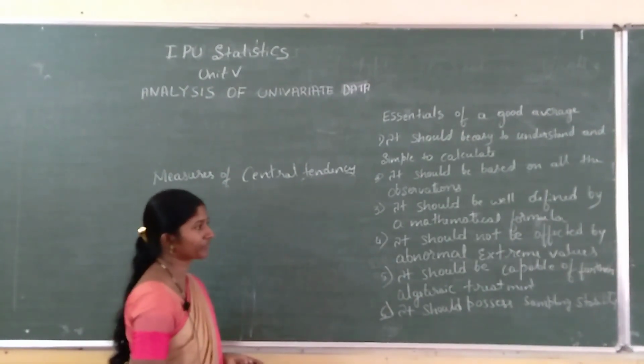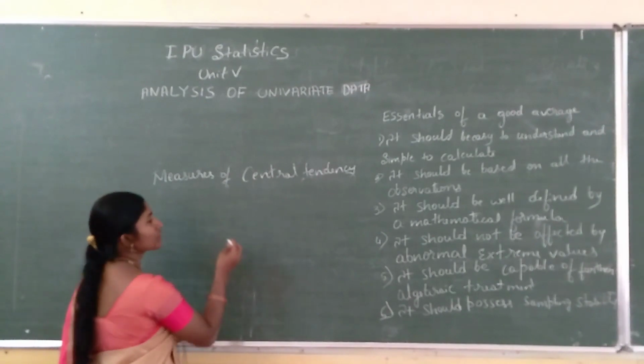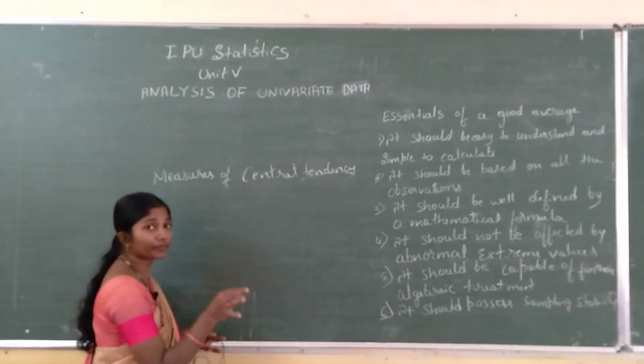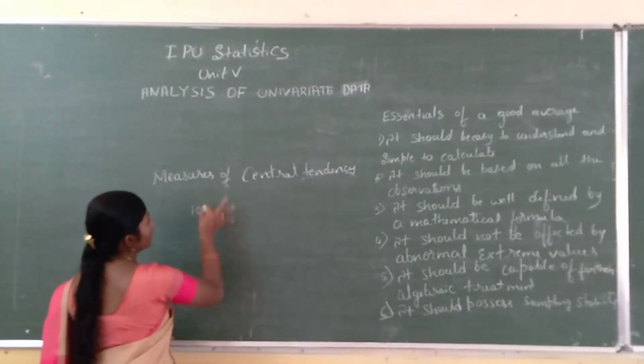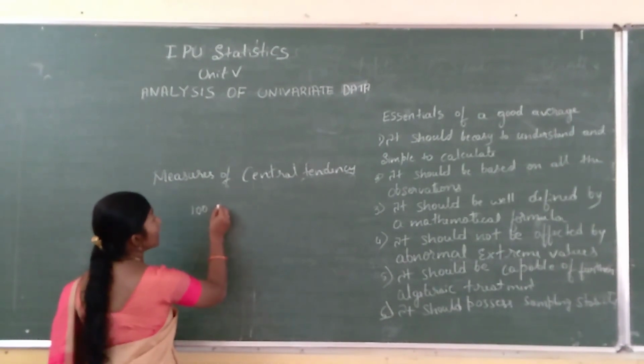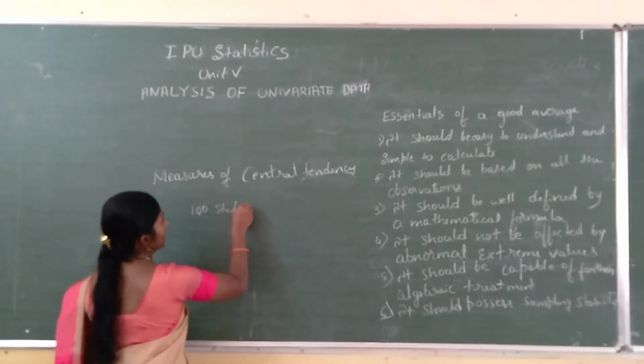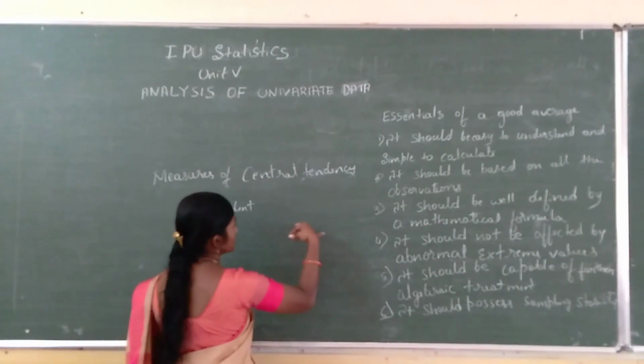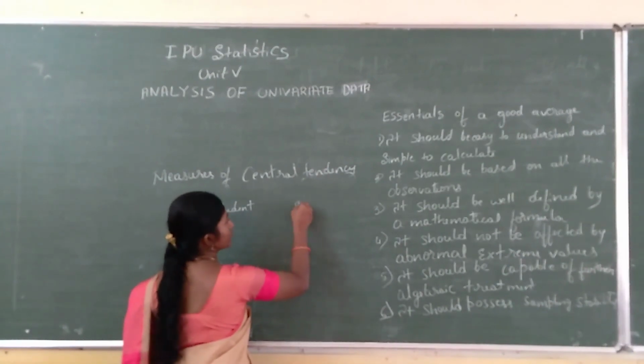For example, marks obtained. Take one school with 100 students and another school with 80 students.